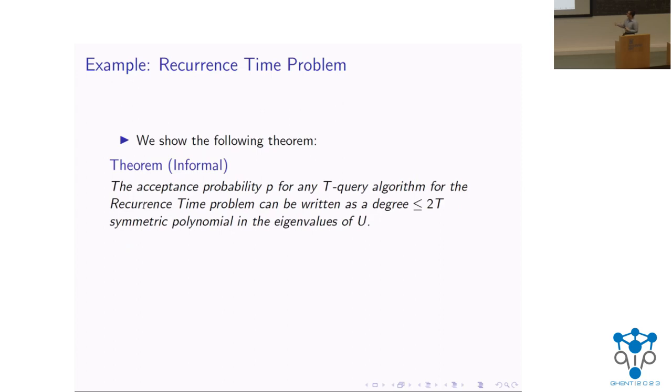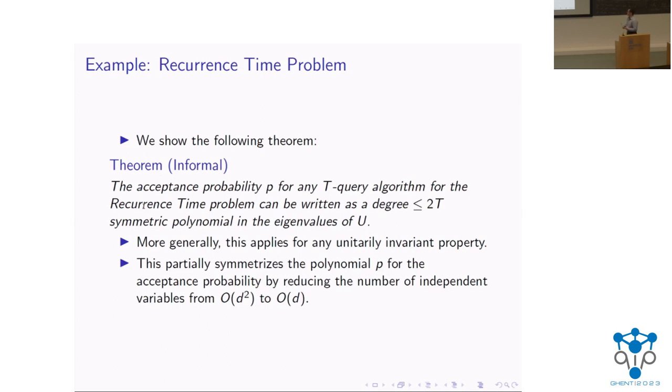And we can write this theorem here, which is that instead of being a polynomial in the entries of U and U†, it's only a polynomial in the eigenvalues of U. And it's also symmetric, so permuting the eigenvalues doesn't change the answer. That's not necessarily a surprising thing, but it's a nice trick we can use to reduce the number of variables in the polynomial from d squared to d.